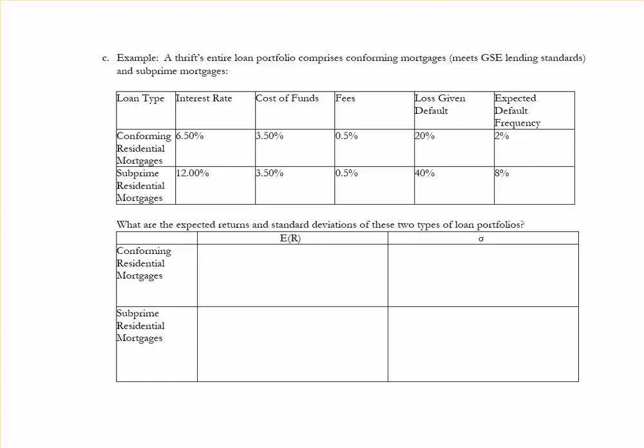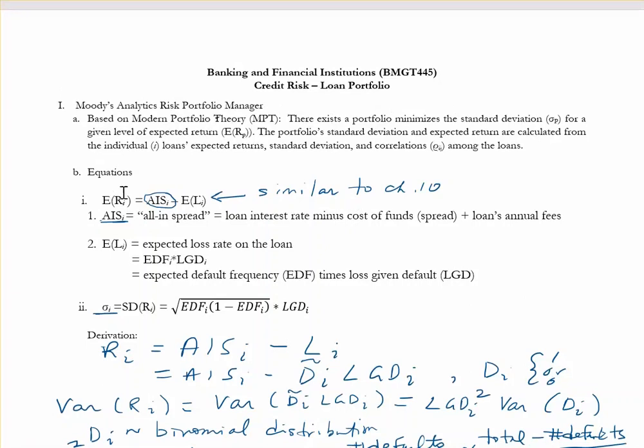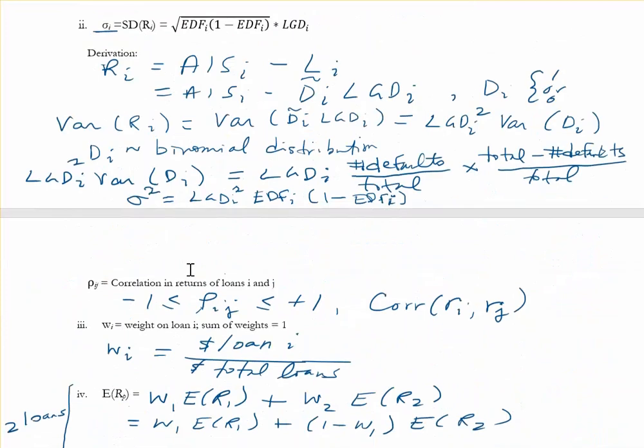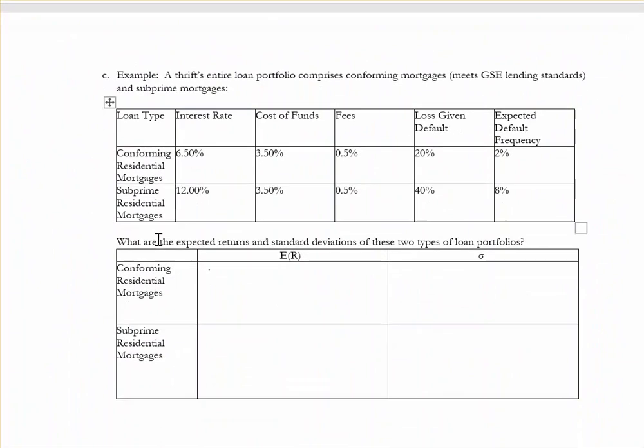So if you look at the previous page, we're going to apply the formula, first of all, for the expected return of the two kinds of loans. So we're going all the way back to the very beginning. We're doing this part first, and then we're going to do the portfolio math.